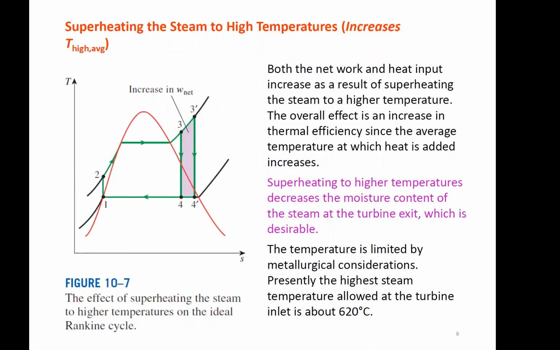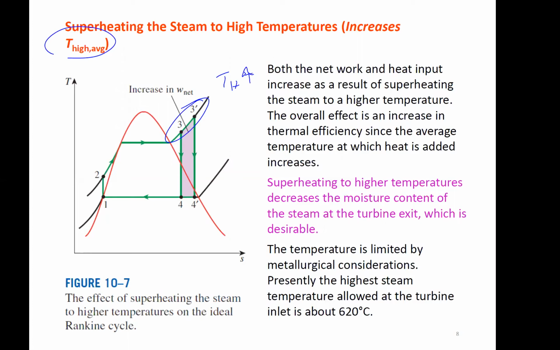Another thing we can do is superheat the water before the turbine. So just heat it up to 3 prime, so instead of 3, go up to 3 prime. So superheat that and raise TH. Okay, so that's raising the average temperature at which we're adding heat. That goes from 3 to 3 prime.